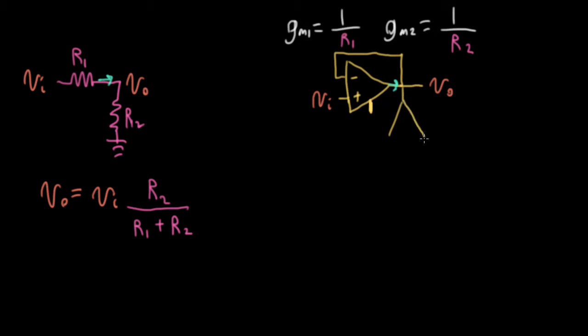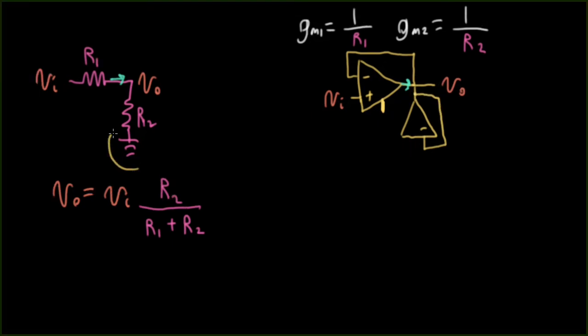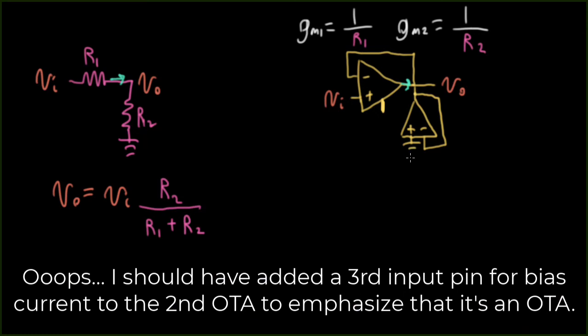So for this, we'll take the negative terminal and feed that back up here. It's connecting to Vout. And basically, we'll take this ground here and set it to the positive terminal of the second OTA. That's flowing out this direction that matches the current flowing here.